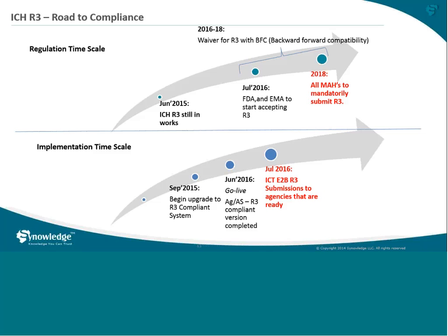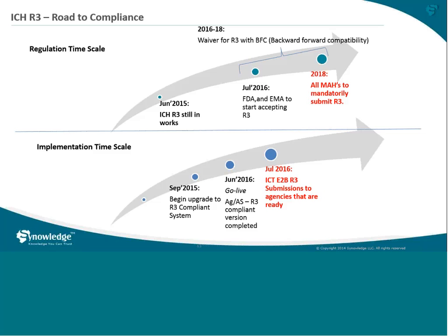In order to go live with any drug safety system, we can plan ahead one year in advance. So if the customers start planning for R3 compliance by 2016, they probably will be R3 specific by July 2016.